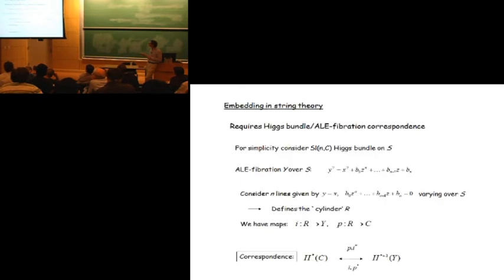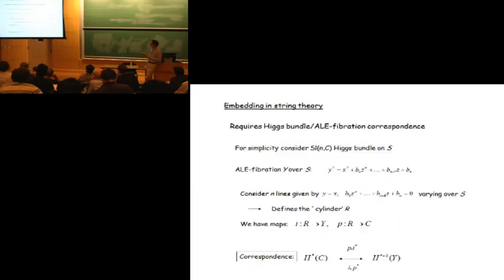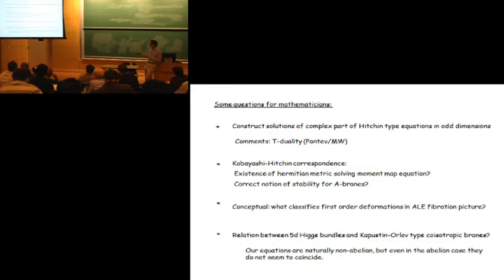In particular, the equations I wrote are non-abelian. And so that's already the first difference with Kapustin-Orlov, where they only have abelian branes. And I'm very confused about the fact that there seem to be these two kinds of branes. Somehow you think they'd be the same, but I'd like to know what's the relation between them, or if there should be a relation between them at all.